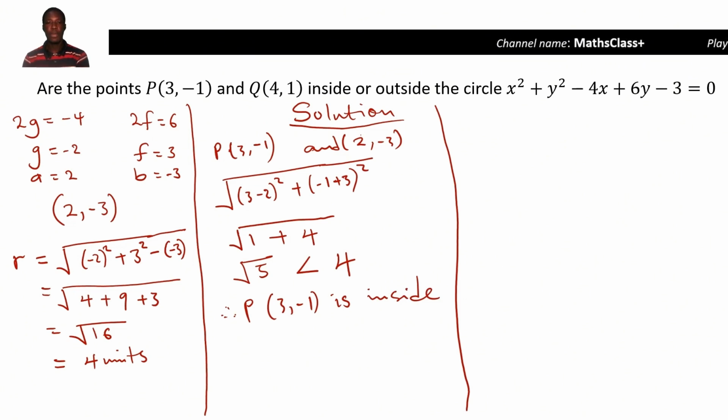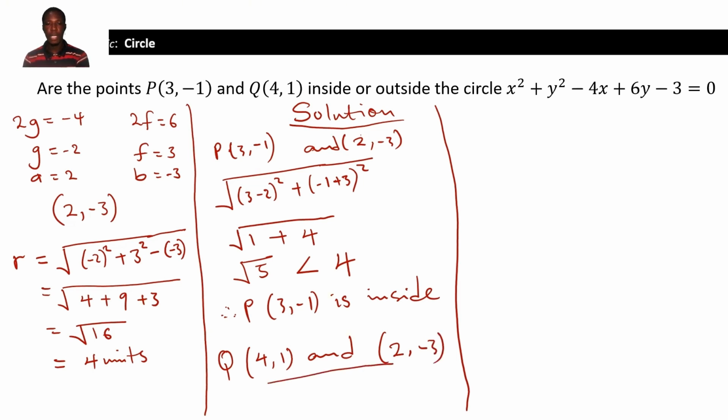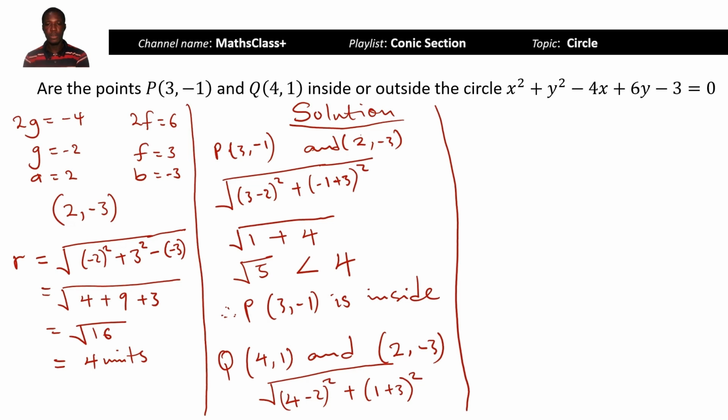Then we also take the point Q, the point (4, 1), and look at the distance between the point and the center. We compare the length, and that will be (4 minus 2) squared plus (1 minus negative 3), which is 4, which is plus 3, also squared.